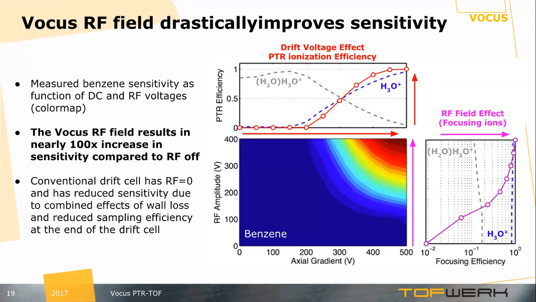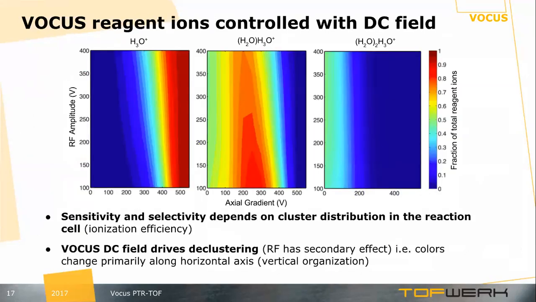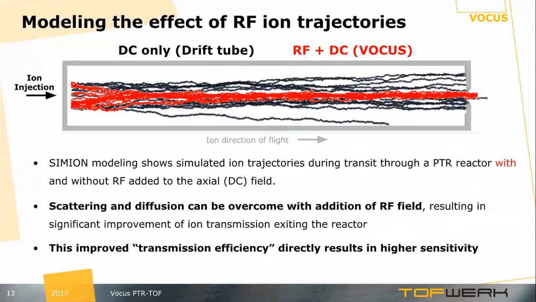But you would expect similarly high sensitivities relative to other instruments, basically because this effect is general. It doesn't matter which reagent ion you use. This focusing effect will be general to anything you make from the ion source. So in that way, you would expect similarly high sensitivity. But stay tuned for absolute numbers.